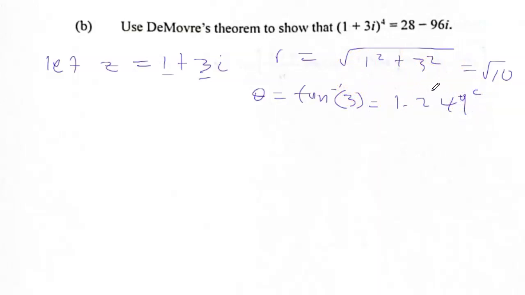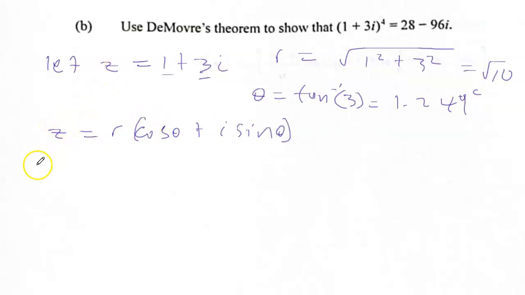So it means therefore that 1 plus 3i is equal to, let me just write out the polar form. Polar form, z equals r times cos theta plus i sin theta. That's the polar form for the complex number.